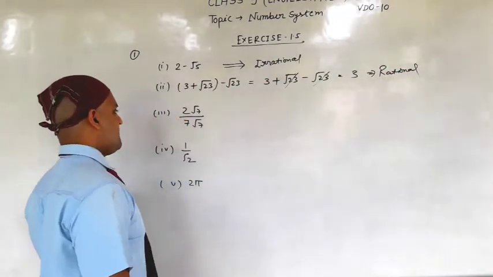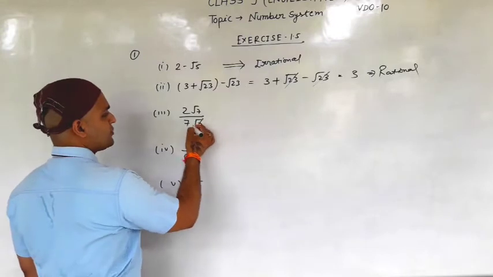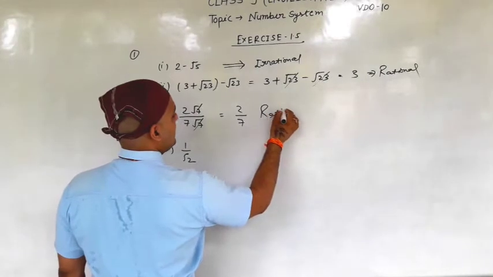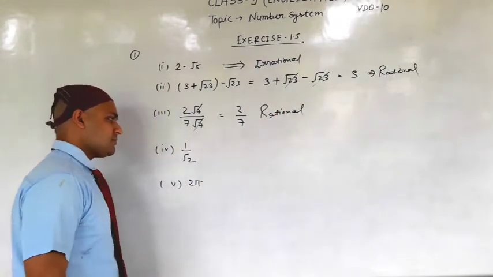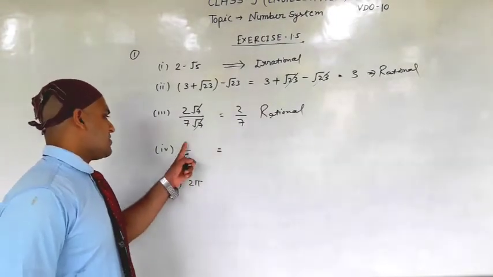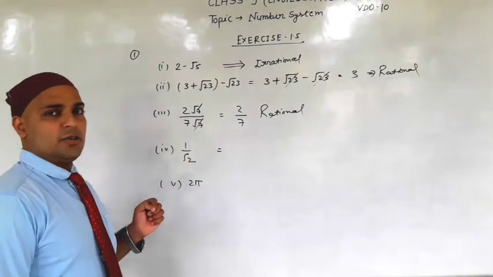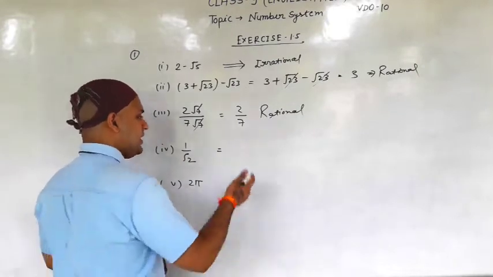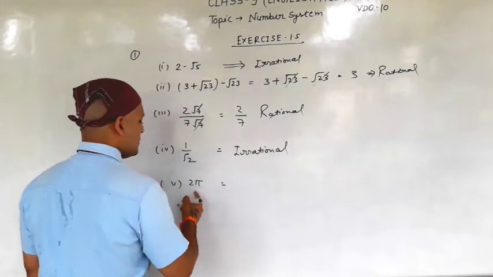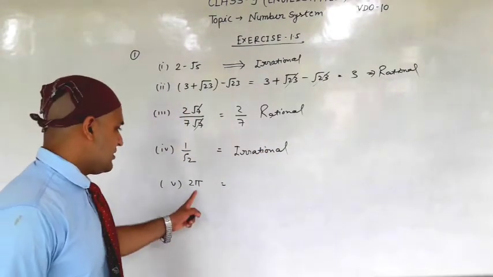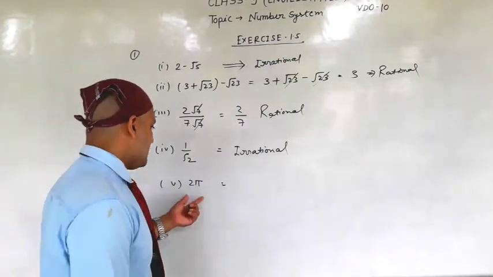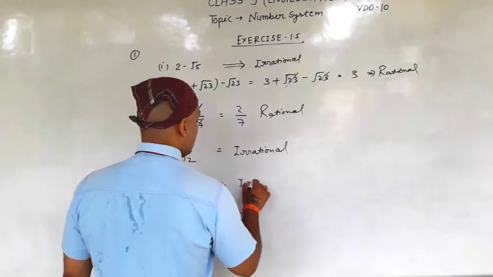Next question: root 7 upon root 7 gives 2 by 7. We know that this is a rational number. In question 4, 1 upon root 2 is an irrational number. 2 pi: we know that pi is an irrational number. I have told you before that pi is irrational, so 2 pi will be irrational.